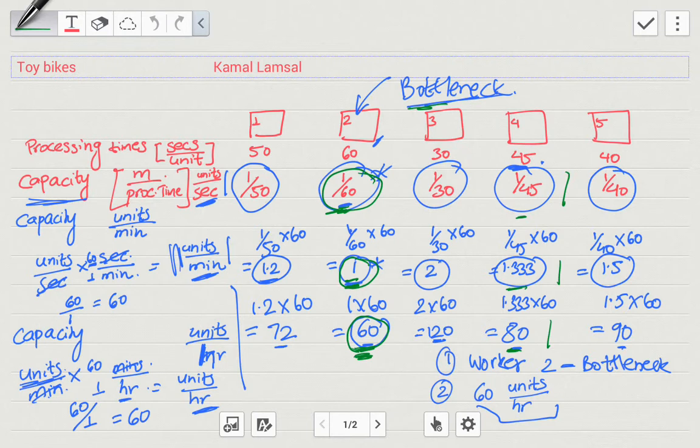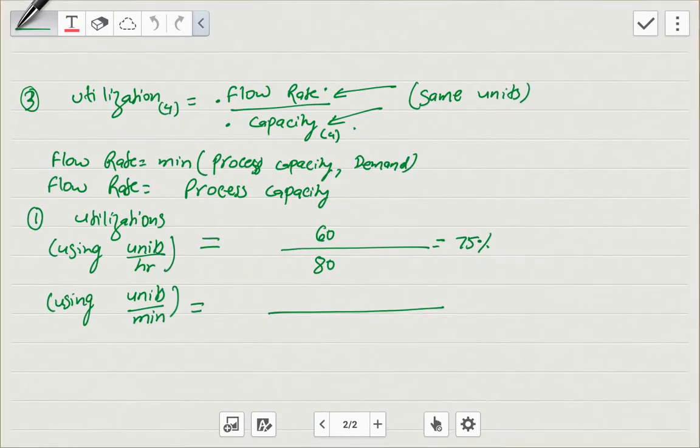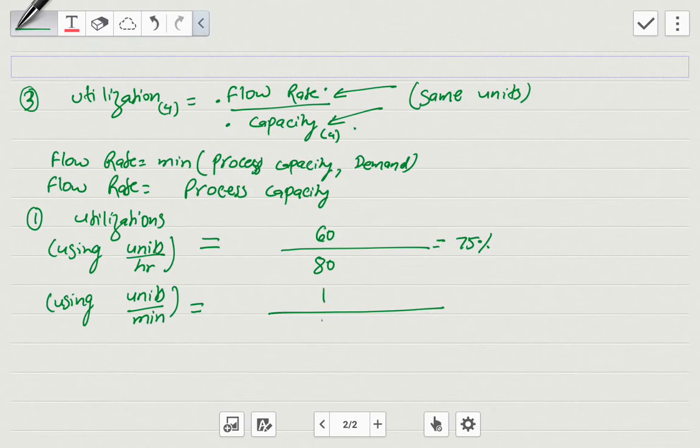The capacity of station 4 expressed in units per minute is 1.33, whereas the flow rate, or the processing capacity, or the capacity of the bottleneck, is 1. So we have 1 divided by 1.333, which is again approximately 75%. If you put it in the calculator, you might get a slightly different number. That is because of the rounding error.